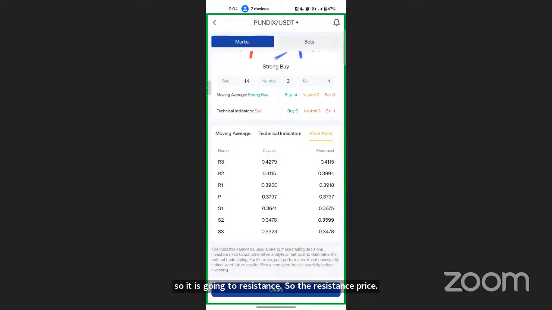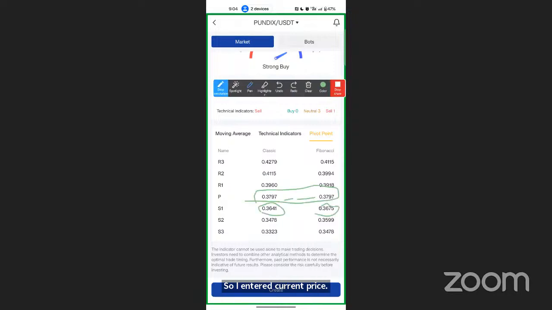So I enter at current price because the price is above the pivot. It is heading to resistance. Am I making sense to someone? I can decide to enter by classic, or I can decide to enter by Fibonacci. I enter at current price, then I put my take profit at these prices here. Have you understood?